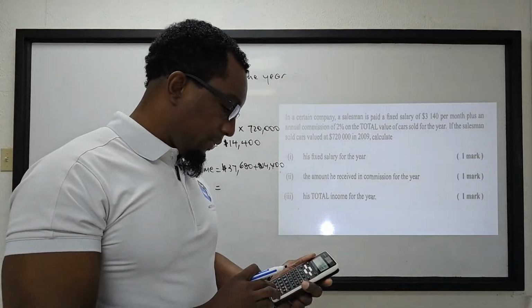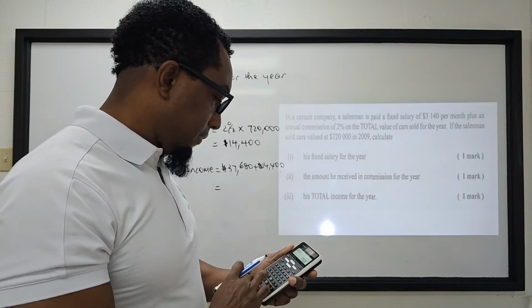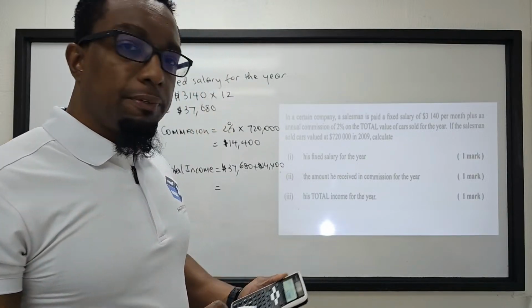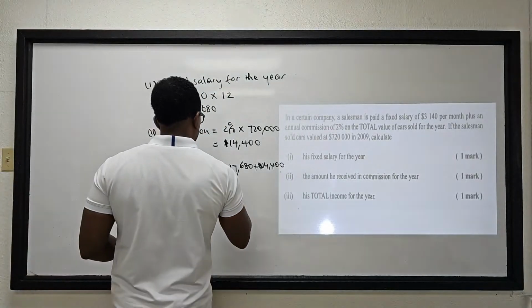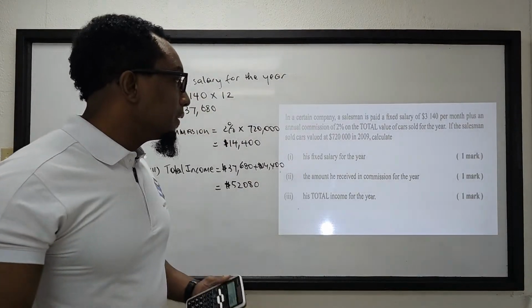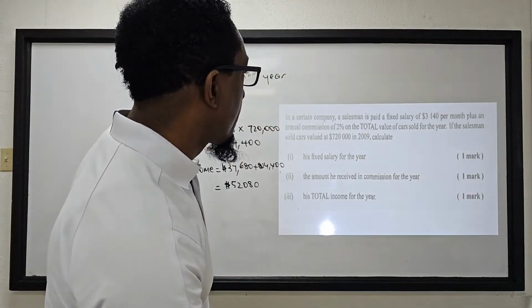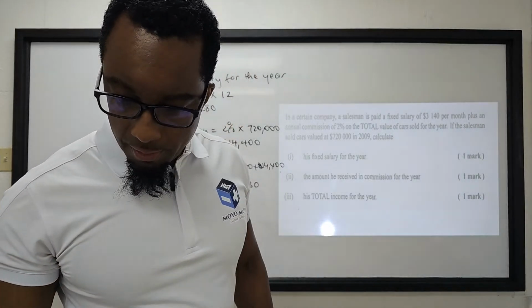We're going to get $14,400 plus $37,680, which is $52,080. That will be his income for the year. Alright, let's look at another.